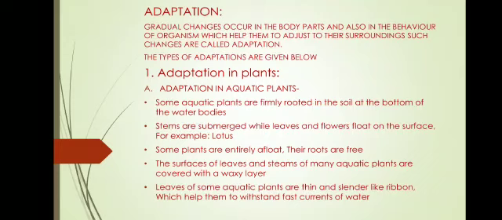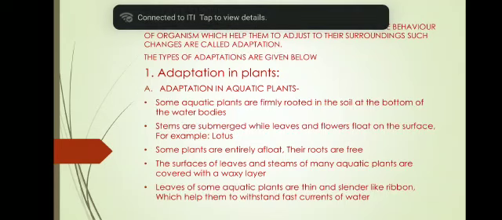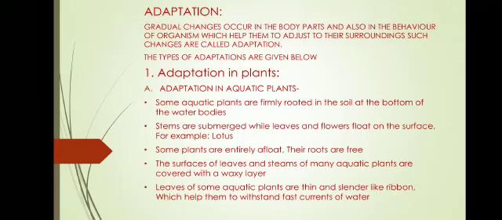The fourth one is that the surface of leaves and stems of many aquatic plants is covered with a waxy layer. In some aquatic plants, the surface of the leaves and flowers is coated with a waxy layer. Waxy layer means what? On the surface of the flowers and leaves, water cannot remain. It can easily pour down because of that waxy layer.